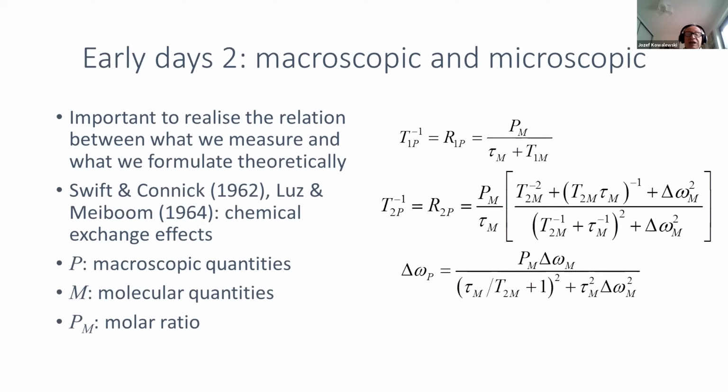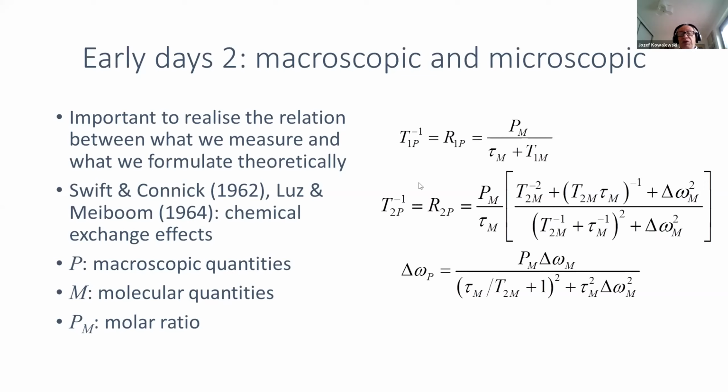We need to understand the relation between what we measure, the relaxation rates or shifts that we measure, and what we formulate theoretically. It is namely so that the chemical exchange effects influence the measured properties in a non-trivial way.